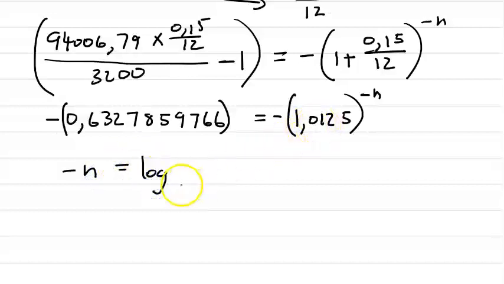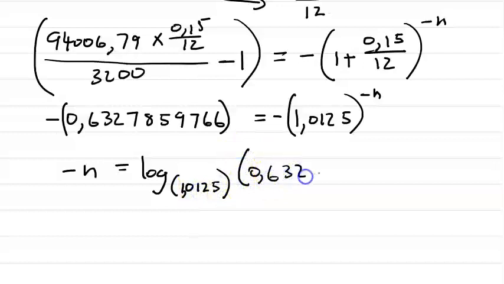So therefore, minus n equals log, that's your base, which is 1.0125, to 0.6327859766.